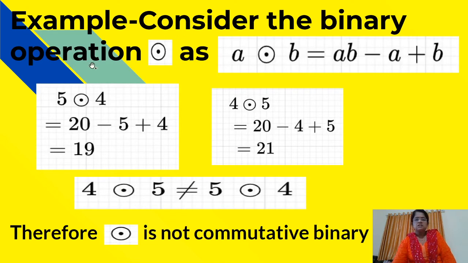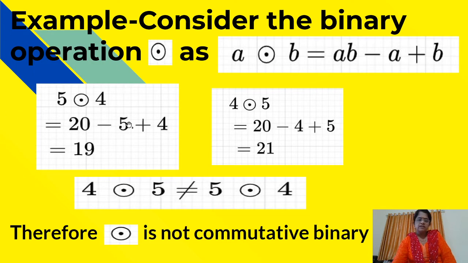Now consider the binary operation circle as A circle B is equal to AB minus A plus B. Now we will check whether this binary operation is commutative or not.